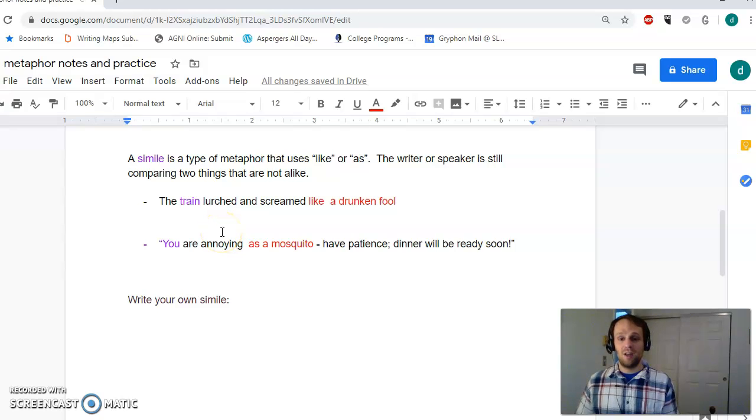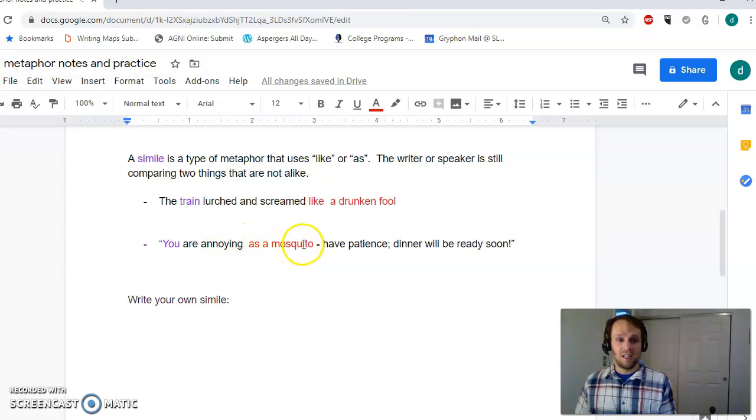Neither of these things are like the other thing, but in each of these instances, we can see a larger point that the author might be trying to make. This could be describing how unstable the person feels on the train.